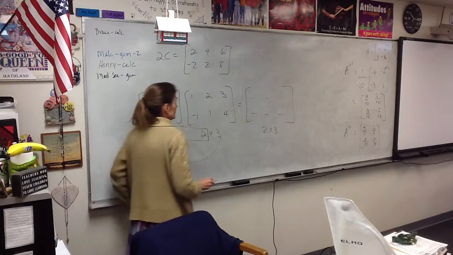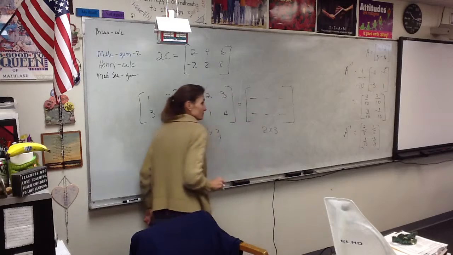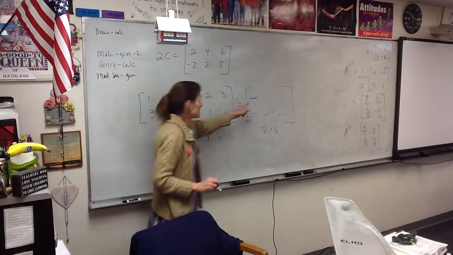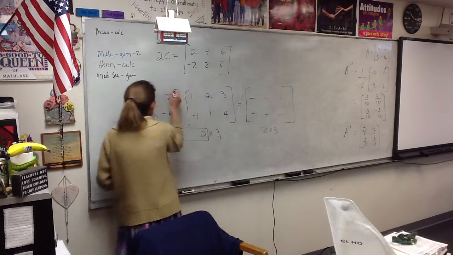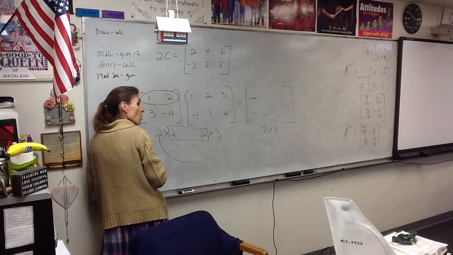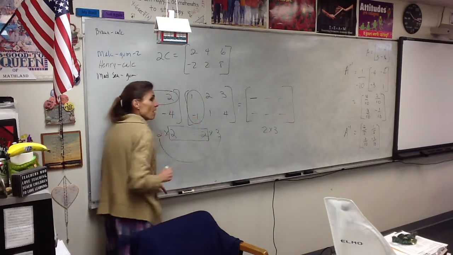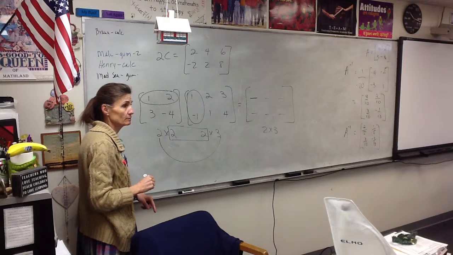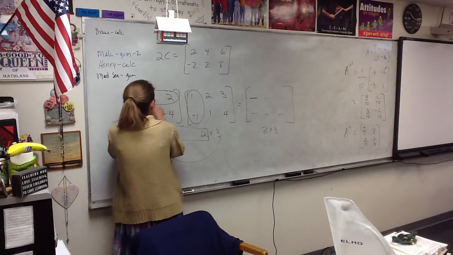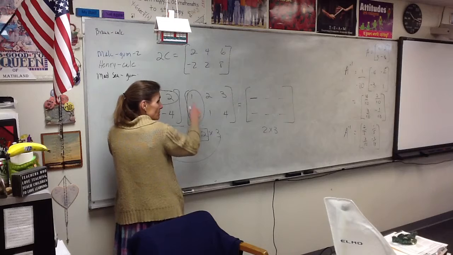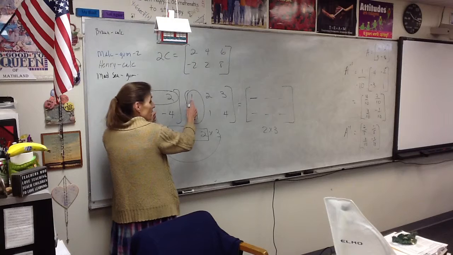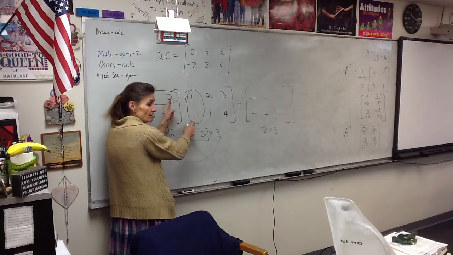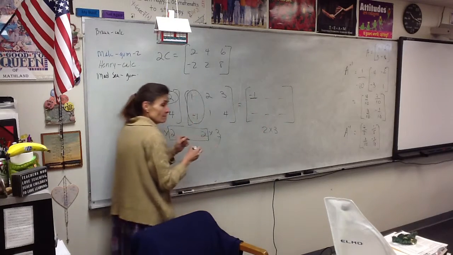Now, to fill in this spot, this is in the first row, first column. So we are going to multiply the first row of numbers by the first column of numbers. See how this has 2 numbers and this has 2 numbers? We take first times first, second times second, and add them together. So 1 times 1, 2 times negative 1, add them together, that would be negative 1.